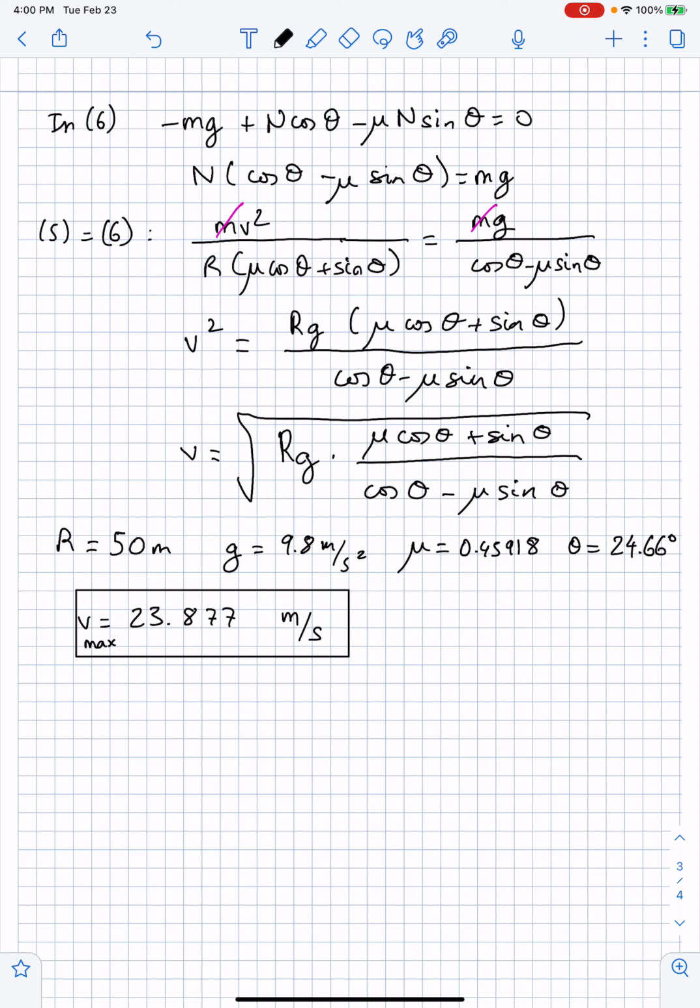So there you go. Okay. Now, some of you might be interested to know approximately what this is in miles per hour. This is about 53.4 miles per hour if you want to know about this. All right. If you have questions, let me know.